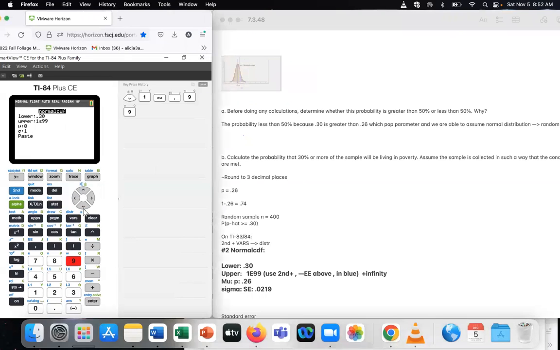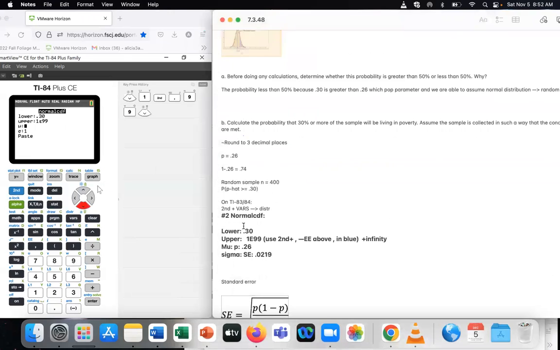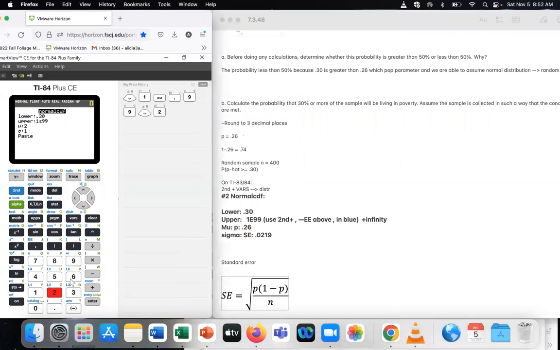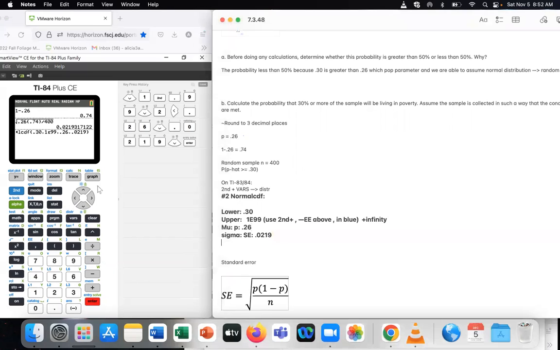And our next thing that we're going to do coming down, our mu was our proportion value of 0.26. And our sigma is 0.0219. And if you don't have that, then what you will do is you'll pick a normal CDF function with an open parenthesis, right? And you'll just insert those values as listed above in that order.